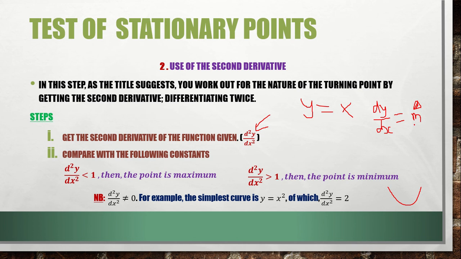Sorry for all those nasty works. This is basically the gradient. Why should we differentiate the second time? Are we looking for the nature? No. Differentiate the second time, you'll end up with 0. Because if you differentiate the first time, you'll find that this one will be equal to 1.